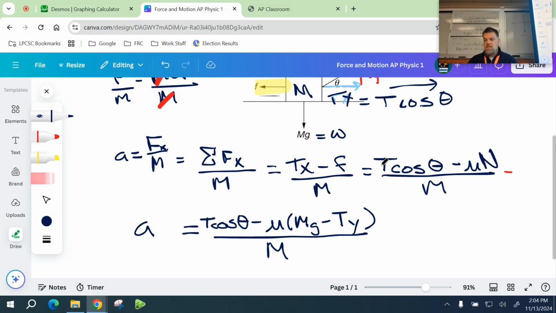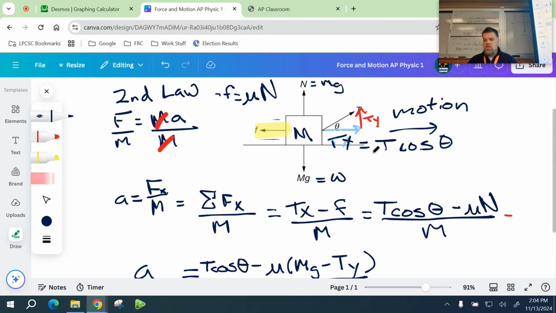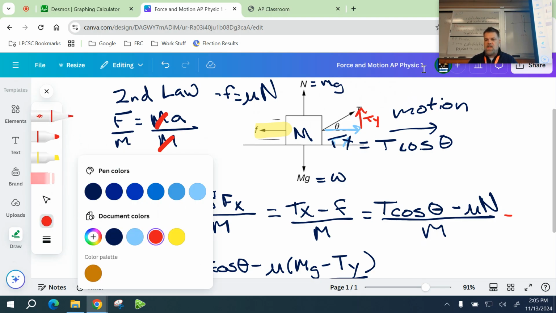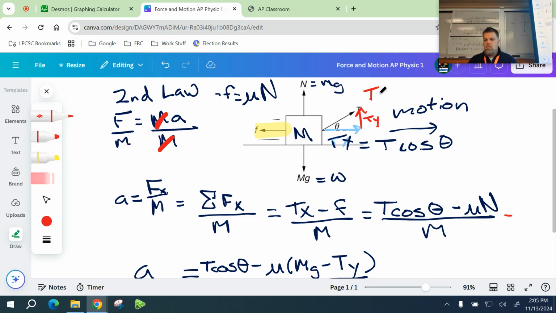Minus, it's the same equation as x, except t sub y, whoops, wrong color. Yeah, you just use sine. So t sub y, the tension in the y direction, is just equal to the tension times sine of theta.